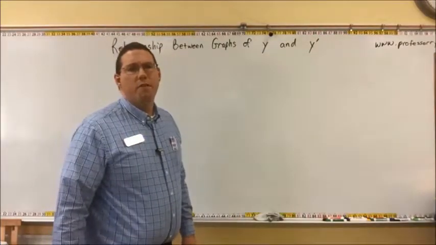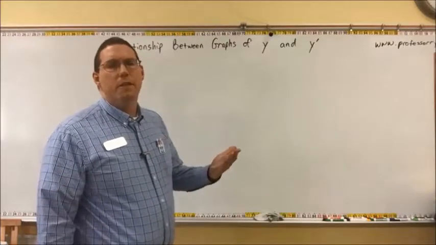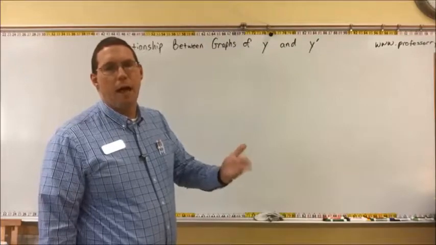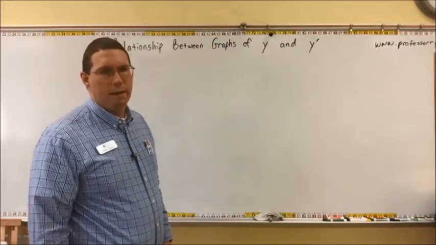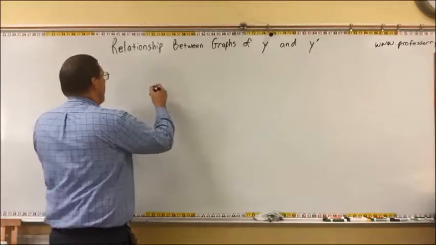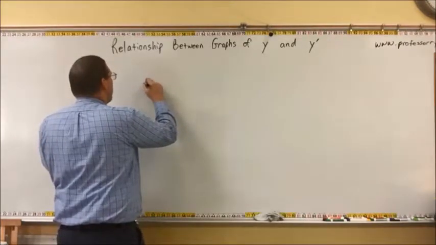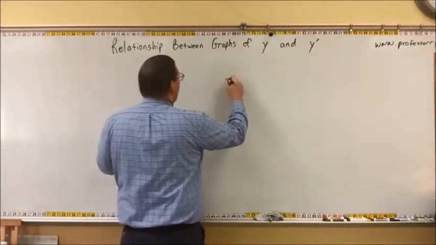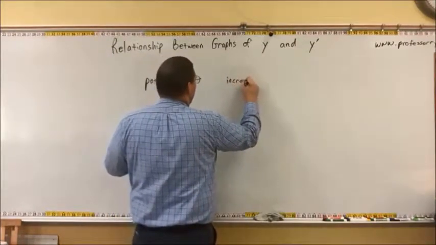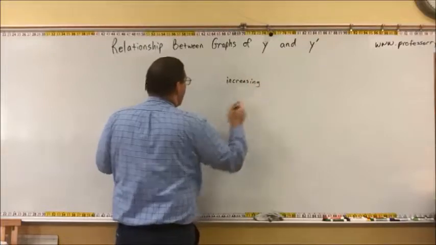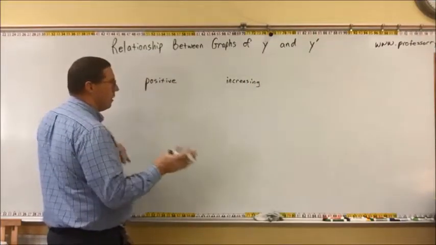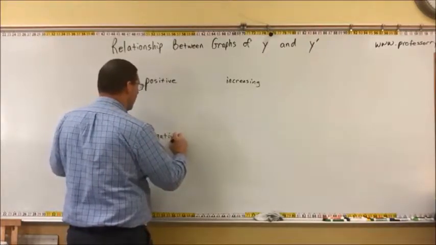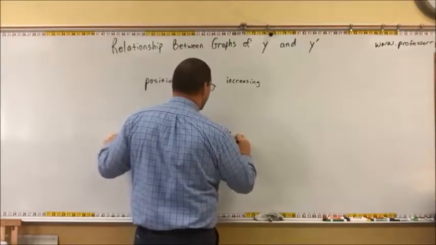Okay, before I give you these concepts, I need to explain the difference between 2 ideas in math, and a lot of students struggle with these ideas. I need to explain the difference between the word positive and the word increasing. Okay? And I need to explain the difference between the word negative and the word decreasing.